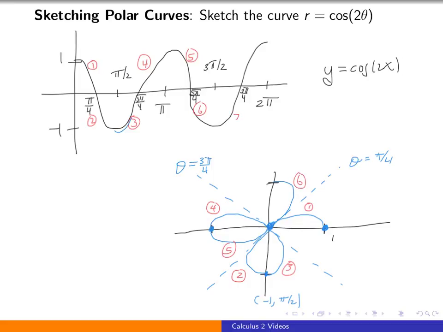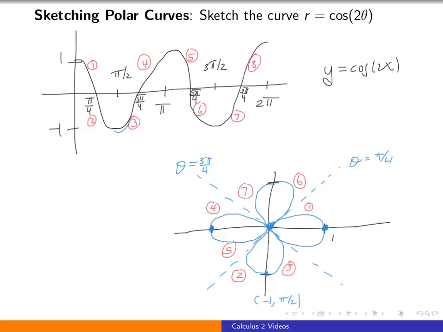And then we'll have the seventh, and finally the eighth. For this seventh portion of the curve, at 3 pi over 2, our r value is negative, so we go in the direction pi over 2. And as we rotate around, it's still negative, so it shrinks to an r value of 0, and then the last portion here.